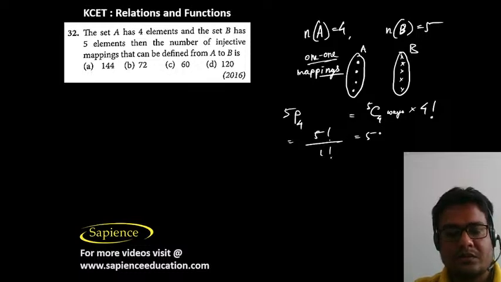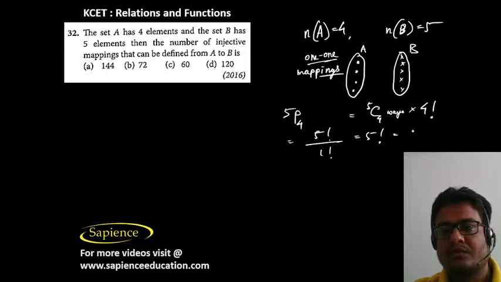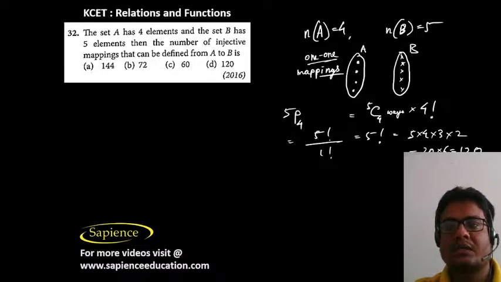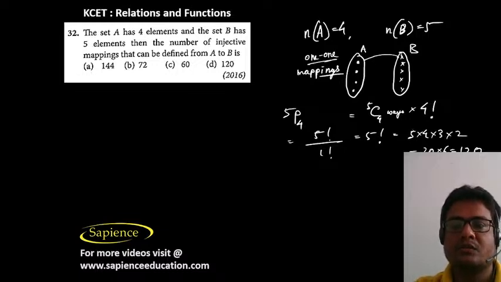So that is 5 factorial, which is equal to 5 into 4 into 3 into 2, that is equal to 20 into 6, that is 120. So 120 injective mappings can be there from the set A to the set B. Okay, so the option D is the correct answer.